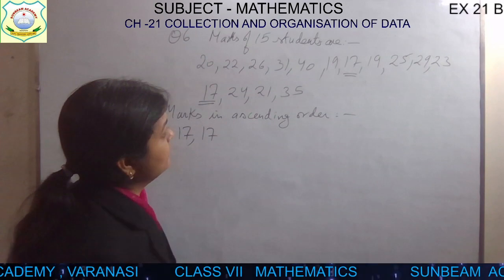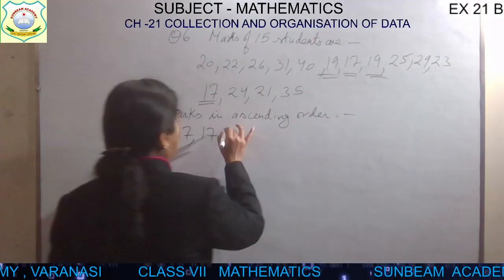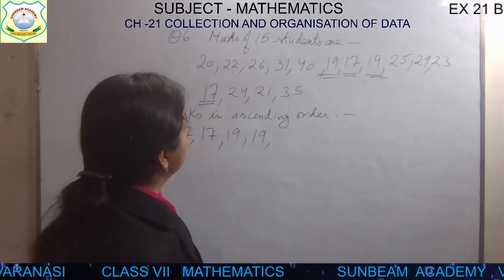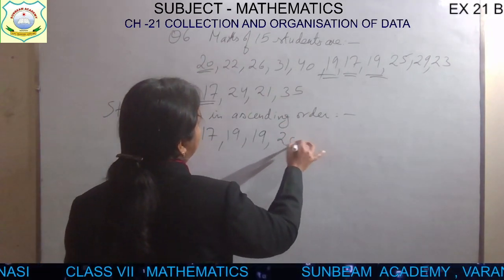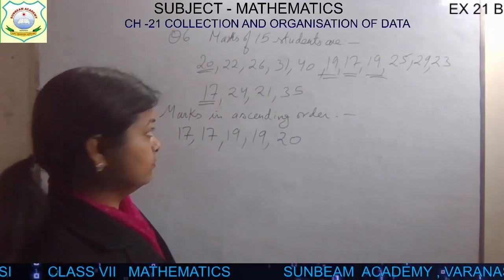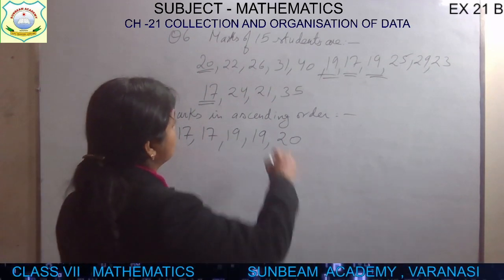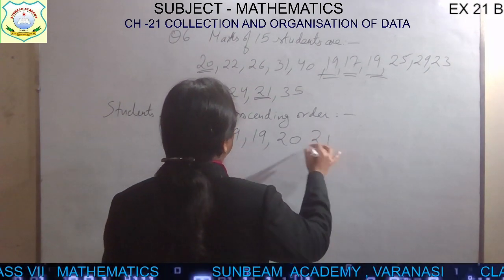Then after 17 someone got 19, so 19. 19 comes two times again. Then after that 20 is there. Is there any other 20? No, कोई और 20 नहीं है. Then 21, search for 21, yes, 21 is there, so only one 21.